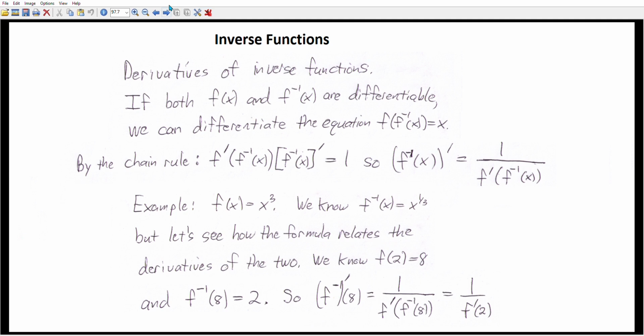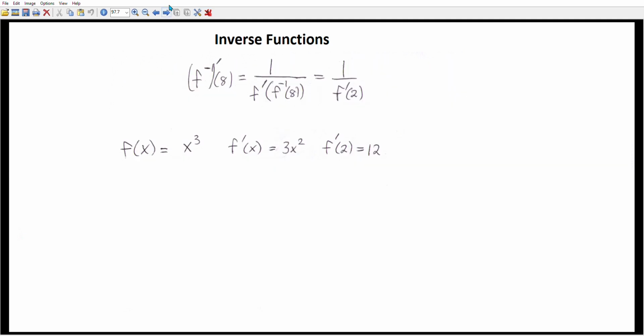And now let's see what's happening graphically here. f of x is x cubed, f prime of x is 3x squared, f prime of 2 is thus 12. And we look at our graph here. Here's our point 2,8. And there is our slope of 12.